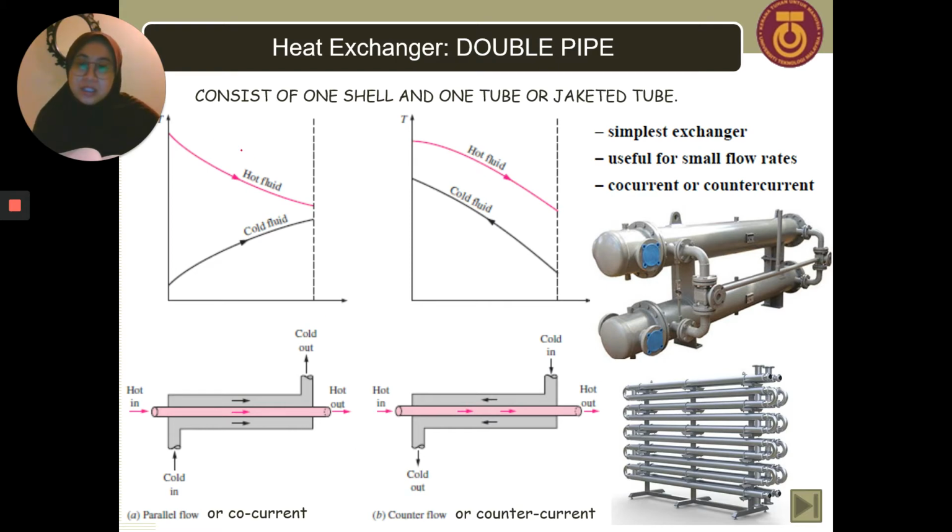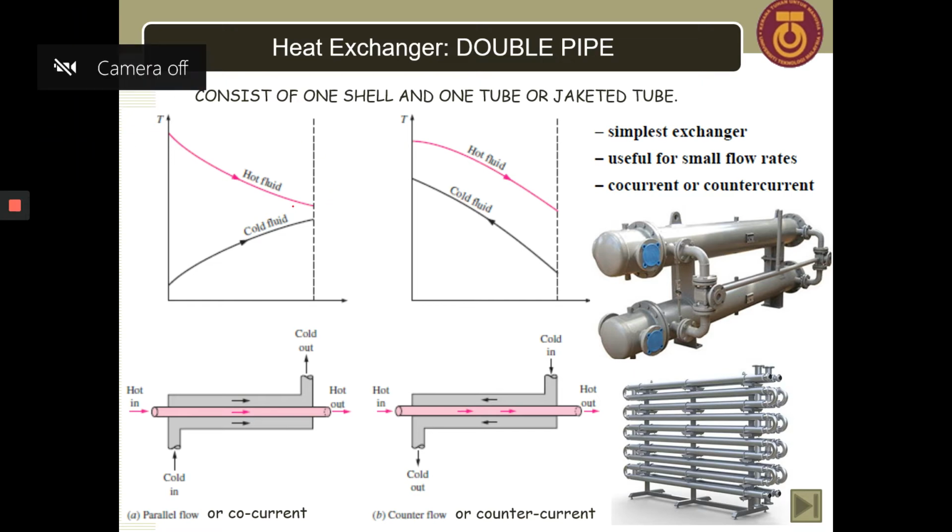These are the temperature profiles. For the temperature profile, of course, the hot stream has the highest temperature at the inlet.